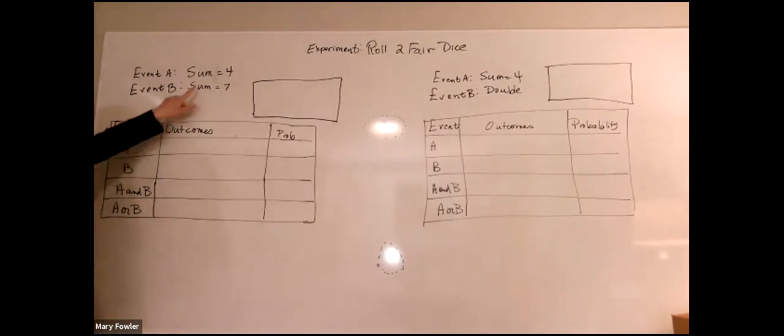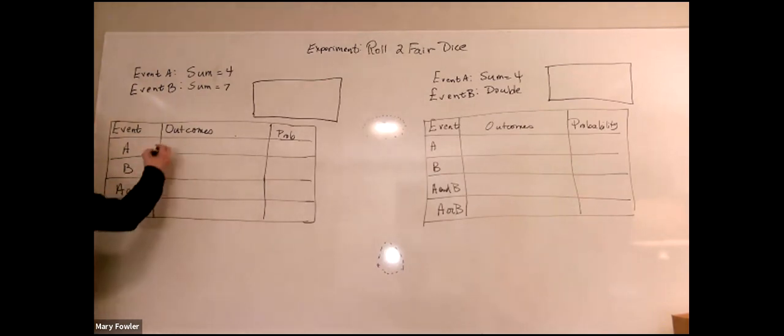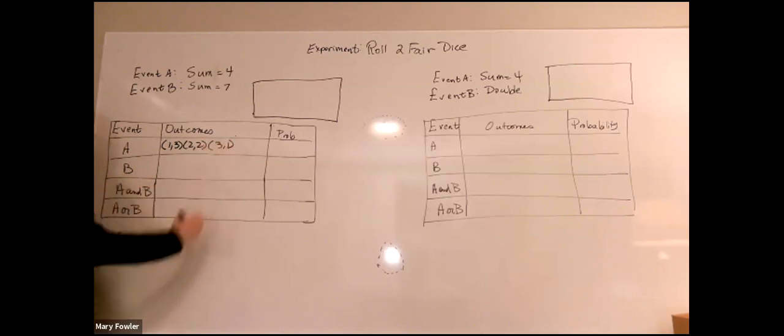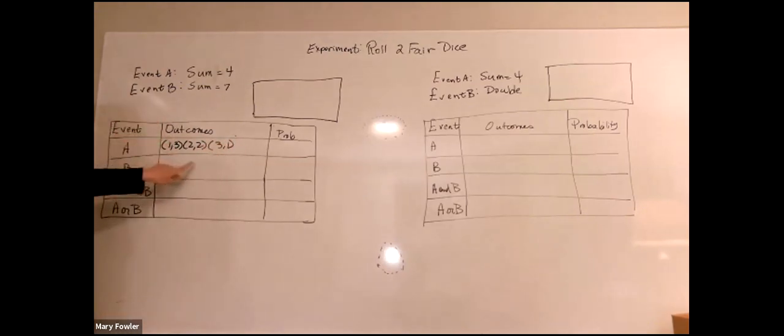Okay, so the sum is 4, and we found that the way that the sum could be 4 is if there's a 1 and a 3, a 2 and a 2, or a 3 and a 1. And I'm just going to list the outcomes here.